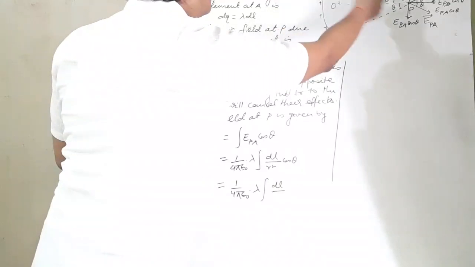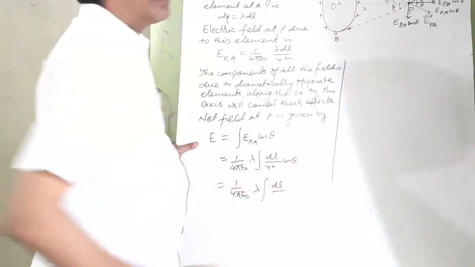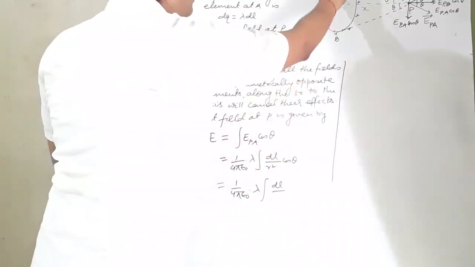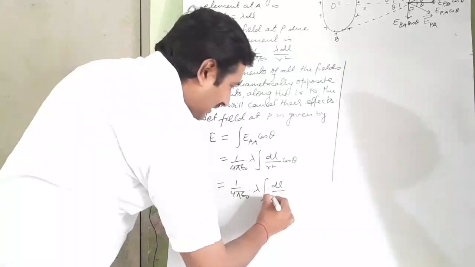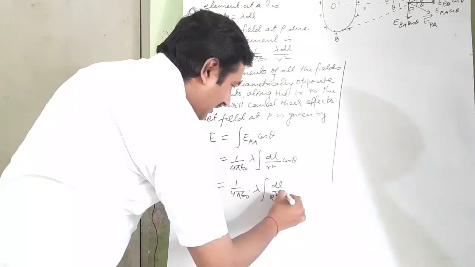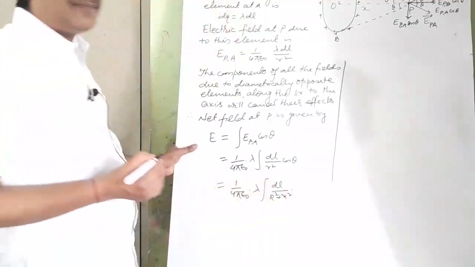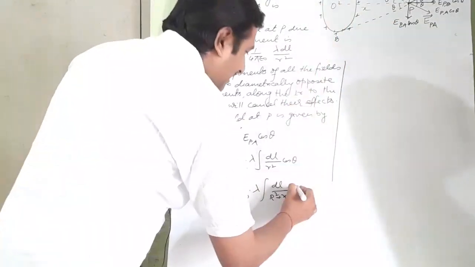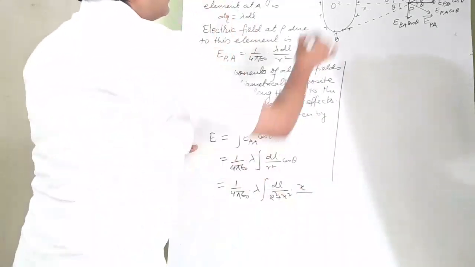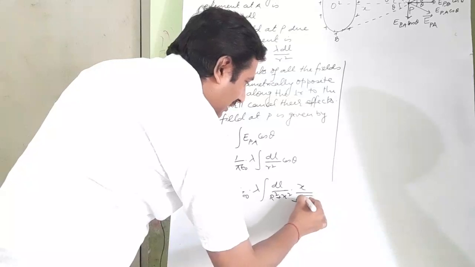You see, this r is the hypotenuse of this right triangle. So the hypotenuse squared is perpendicular square plus base square, meaning r square is R square plus x square, into cos theta. This cos theta is base, meaning x, by hypotenuse r, meaning root under R square plus x square.